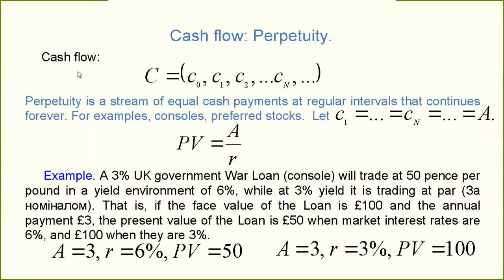So, about cash flow. What is cash flow? Cash flow is just a series of payments, and it will be payments with plus, with minus, with different amounts and different time periods between these payments.